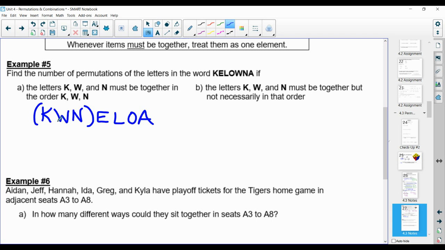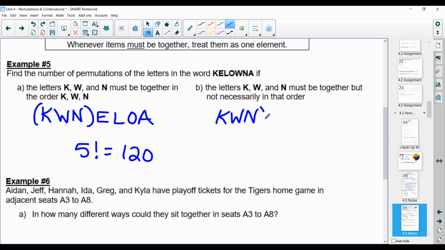Now, if I count this out, I've got 1, 2, 3, 4, 5 groups, 5 factorial groups. And I guess you could technically say there's only one factorial way to rearrange these, but since that's just times 1, we can leave this as 5 factorial, which is 120. Now, the second scenario says that the letters K, W, and N must be together, but not necessarily in that order.